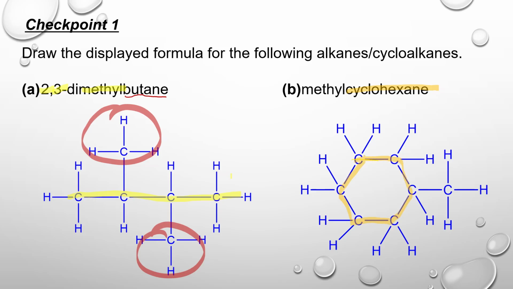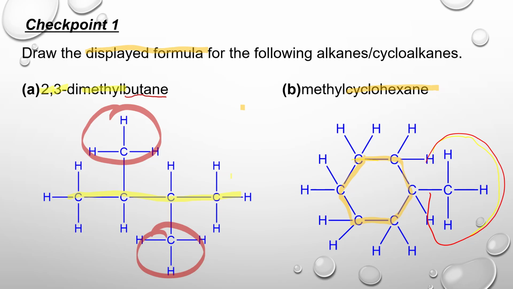And then methylcyclohexane, that means on one of the carbons, you draw your methyl group. Okay, and given the fact that in this question they ask for the displayed formula, the displayed formula means that you have to draw everything out. Okay, you have to show all the bonds.